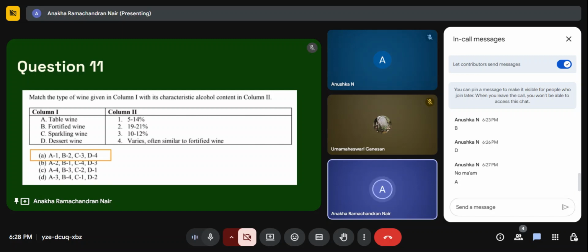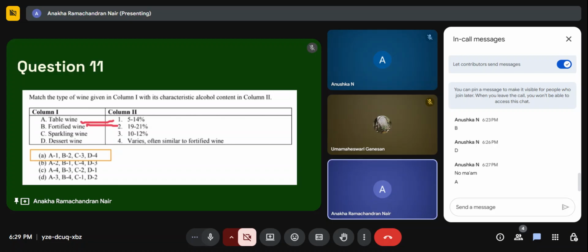So the answer is in fact A. Table wine has the least amount of alcohol, which is 5 to 14%, right? Fortified wine has a larger amount of alcohol. That's why it's 19 to 21%, because you've added alcohol into it, right?